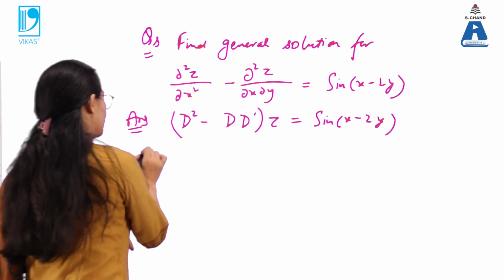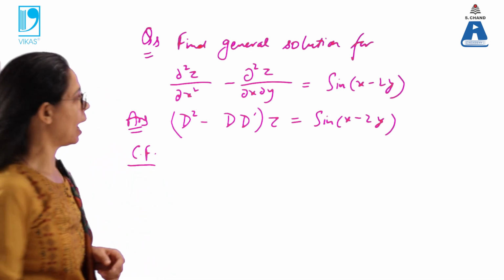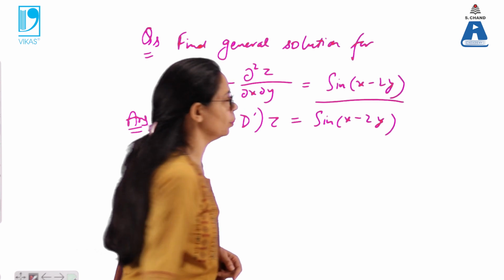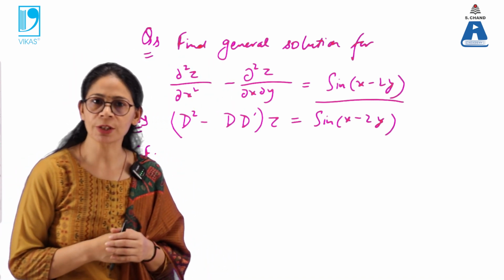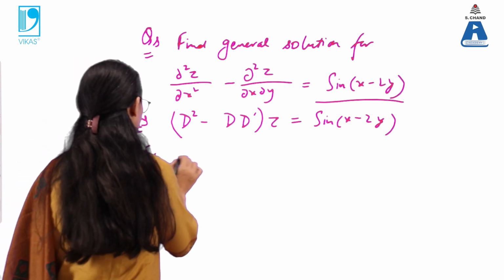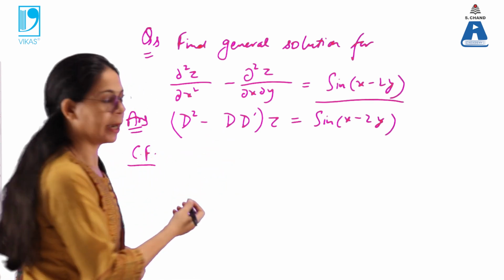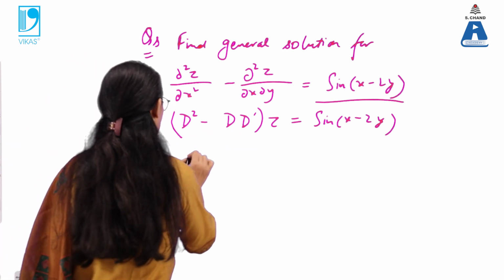Since we have been asked to find the general solution, and since the right hand side is not 0, the general solution will consist of both parts, the complementary function and the particular integral. So we'll write down the complementary function by writing the auxiliary equation for this.